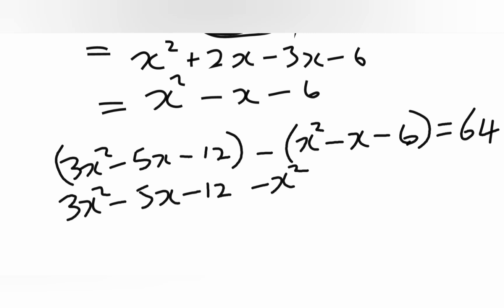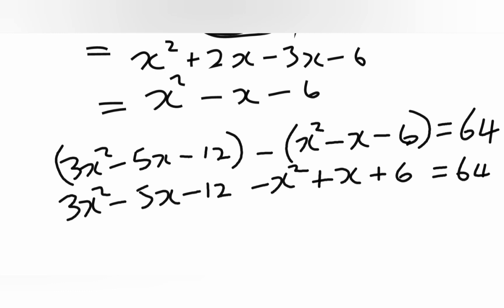Minus times minus x is going to give us a plus x. And minus times a negative 6 is going to give us a plus 6. And all of this will be equal to 64.